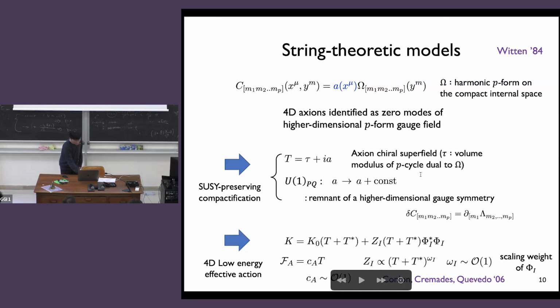And this means that this tau parameterizes the size of the volume where this p-form gauge field lives, the extra dimensional volume. And the associated Peccei-Quinn symmetry is understood as a remnant of a higher dimensional gauge symmetry of this p-form gauge field. So this is an axionic symmetry inherited from the gauge symmetry of string theory.